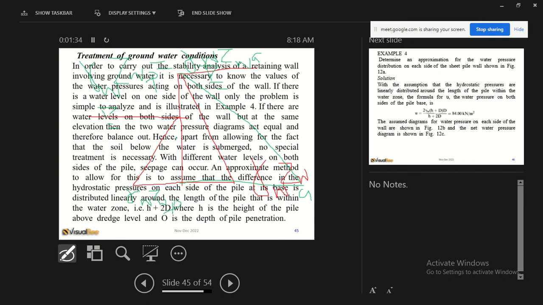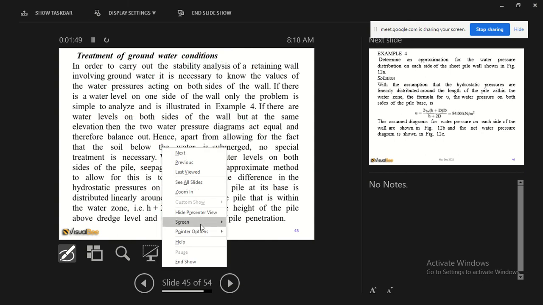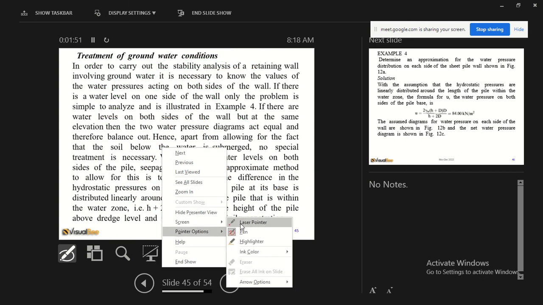That's the assumption, and we assume that the distribution is the same along the penetration depth. So we have an example to illustrate this. Maybe it will be more clear.